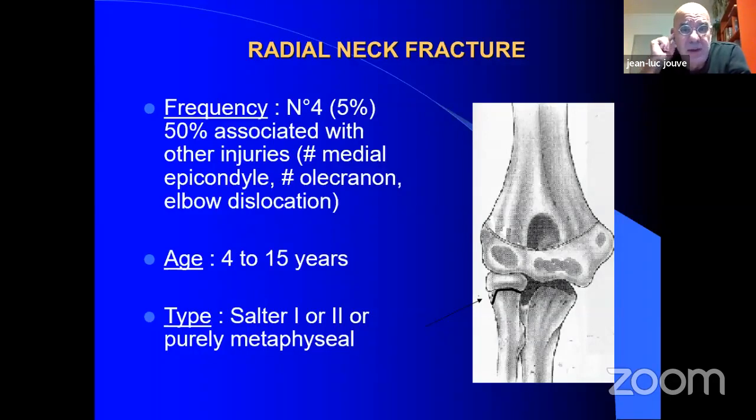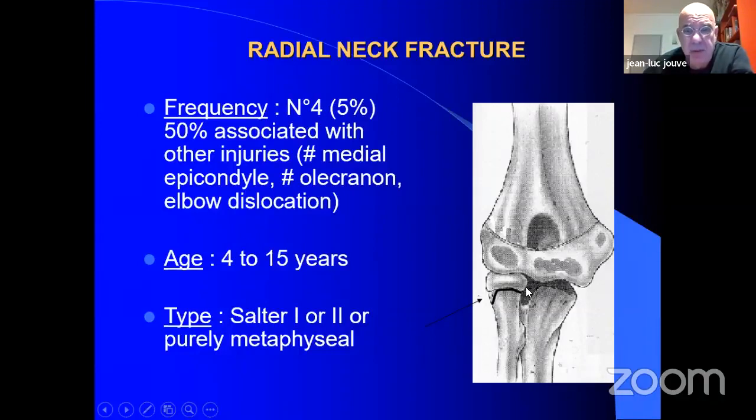It is also often associated with lateral condyle fracture, because the mechanism is that the radial head pushes on the distal humeral bone. The main age is 4 to 15 years old, and it is always a Salter 1 or Salter 2 fracture or a purely metaphyseal fracture.